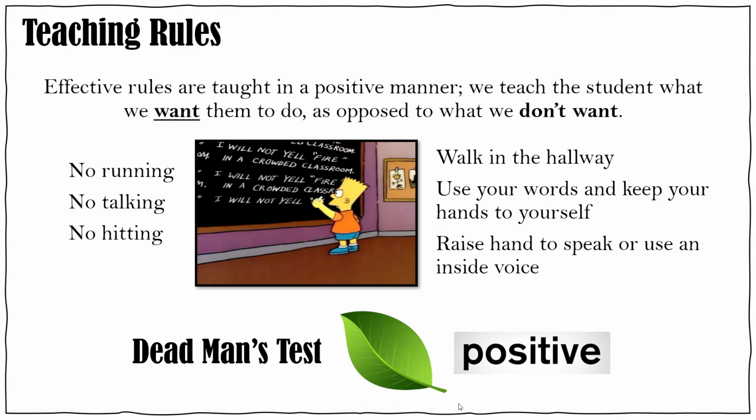Okay, when you teach rules, typically rules are taught in a positive manner. What we mean by that is you're teaching the student what you want them to do, not what you don't want them to do. We hear a lot of teachers and parents tell their kids, don't throw that book, don't jump on the couch, things like that. That is not stated in a positive manner because they're telling the kids what they don't want them to do, but you didn't actually provide them with something that they can do.